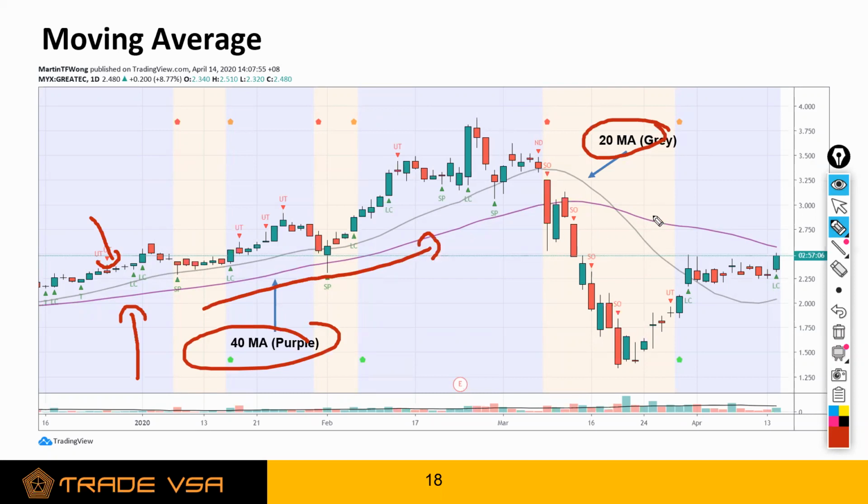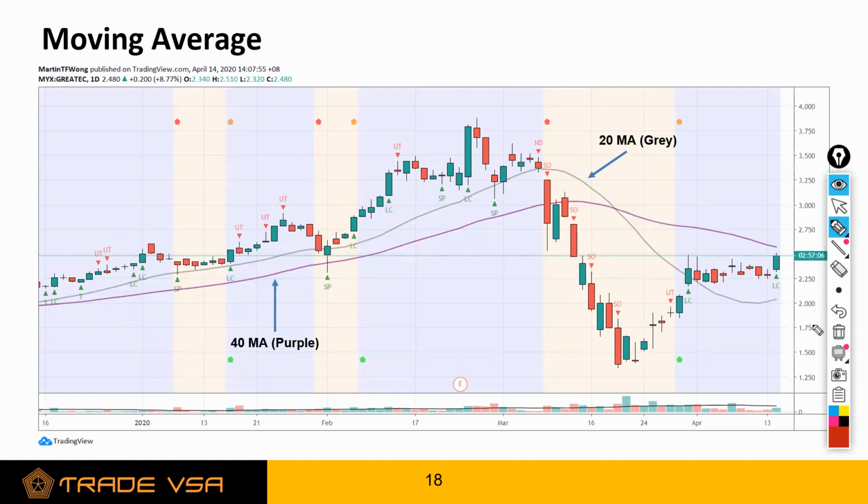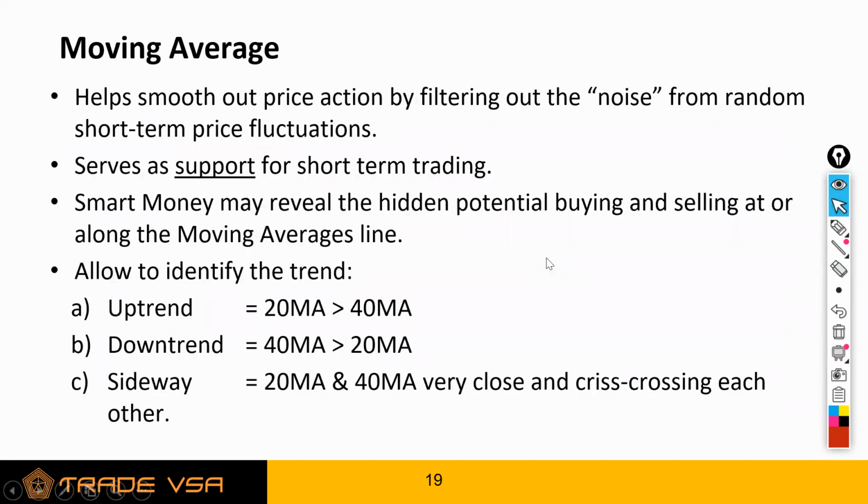If the 40 is at the top and the 20 is at the bottom, this is downtrending. So you can use this to check the overall trend for particular stocks. Next week we go into detail on how to use this 20/40 more effectively. So, any questions so far?